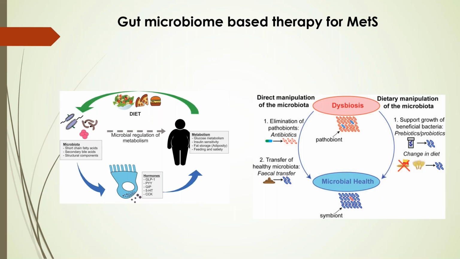But whatever it may be, these flora, these microbiomes in our gut, secrete a lot of metabolites. Some of the key metabolites are the short chain fatty acids. Basically they eat the things we eat and use it for energy, and these are the byproducts they make. They also affect the bile acids in our body, which in turn affect the secretion from our gut of different hormones like GLP-1, the hormone I talked about, regulating glucose levels.